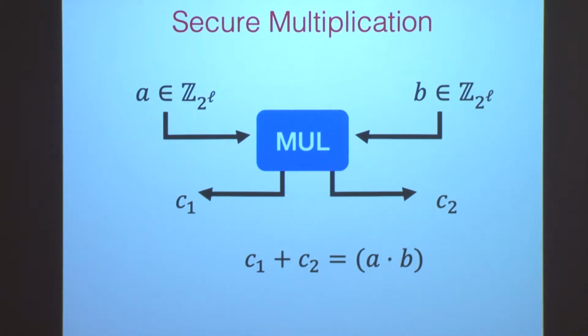It says that if 2 parties have 2 numbers, they want to multiply and get shares of the result. They don't want to know the result. If you know the result and know one of the factors, you know both. But the point here is that if you have 2 numbers, you want to multiply them and get 2 numbers, C1 and C2, such that they sum up to the product. You want such a gadget. This is called a secure multiplication.